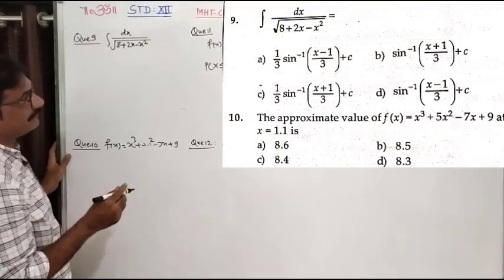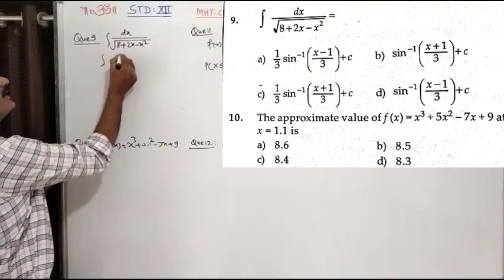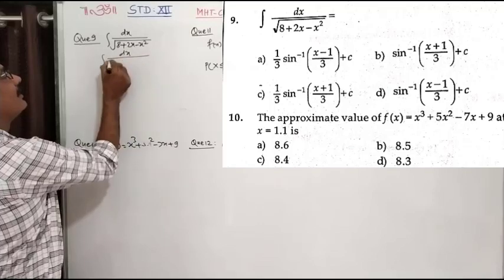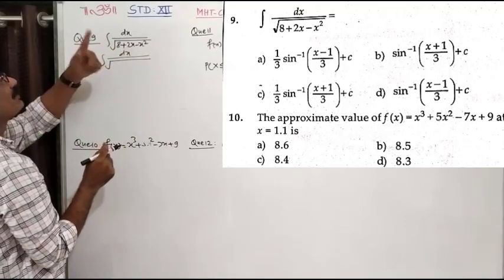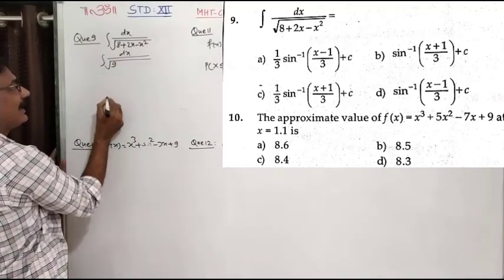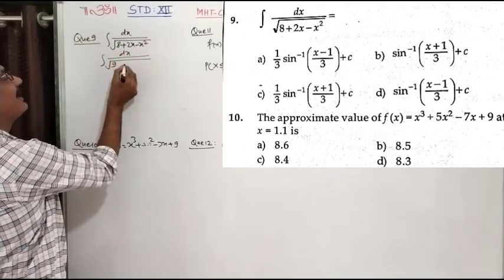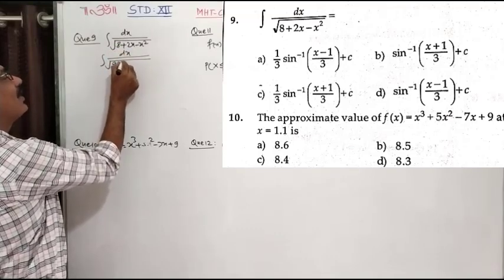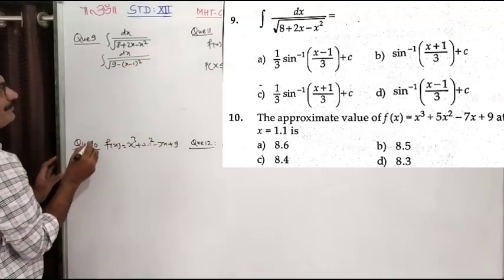Question number 9. You have to just evaluate this by adjusting the third term. The middle term is 2/2, it is 1, its square is 1, so 8 plus 1 becomes 9. How do you write that? 9 minus 1, taking the minus sign common, it becomes x minus 1 bracket square.